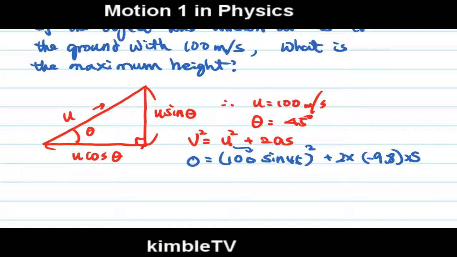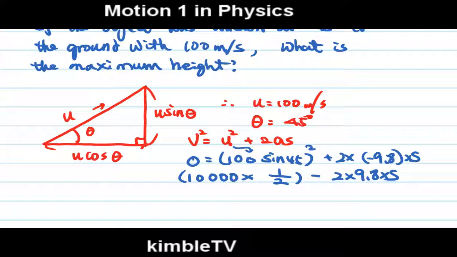Therefore, sine 45 degrees is 1 over root 2. The 10,000 times 1 on 2 minus 2 times 9.8 times s.